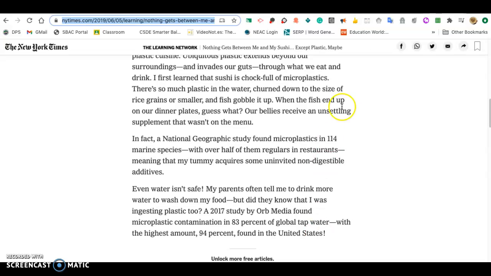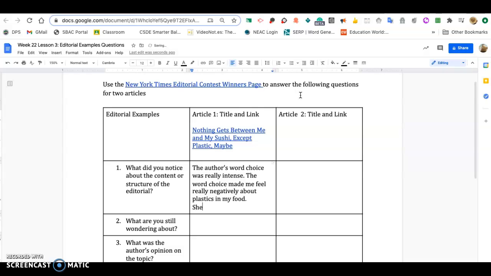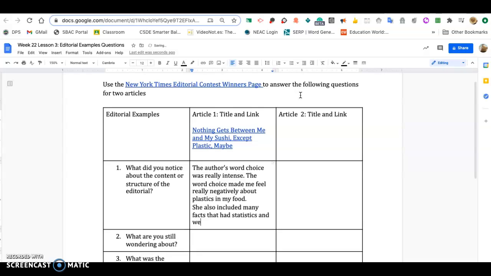So that's a lot. I'm going to write that down here as well. She also included many facts that had statistics, and statistics are like percentages, that were cited. Okay.